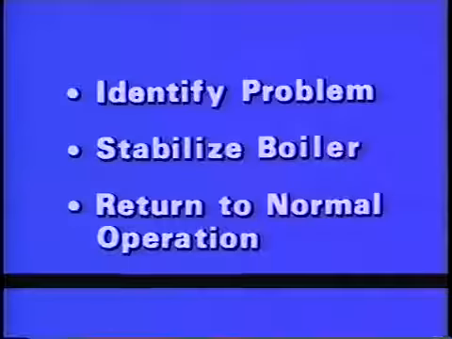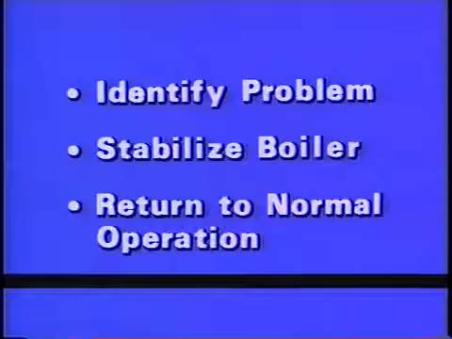Boiler auxiliaries are generally mechanical devices that will occasionally malfunction and fail. If this happens, the operator must identify the problem, take appropriate action to stabilize the boiler, and return the boiler to normal operation as quickly as prevailing conditions allow. In this part of the program, we're going to look at how an operator deals with the loss of boiler auxiliaries.